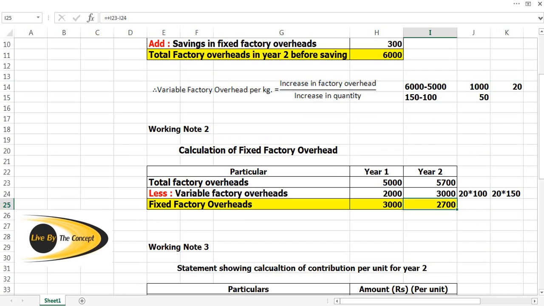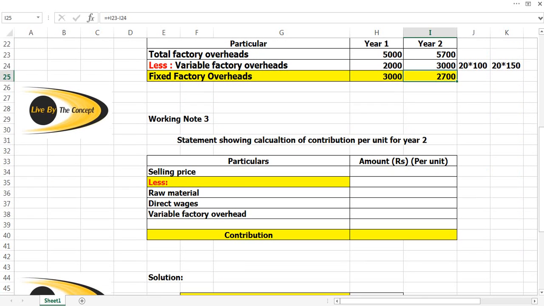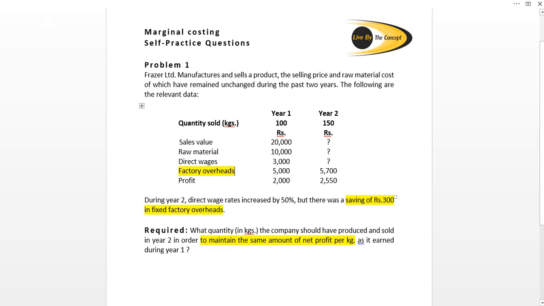Now through working note number 3 we will be calculating the contribution per unit for year 2. Now for that we require selling price per unit, raw material per unit, direct wages per unit, and variable factory overhead per unit. Now if we focus on the question, you will realize that they have not given us the sales value and the raw material and direct wages for year 2.